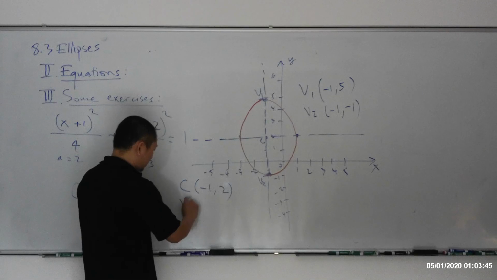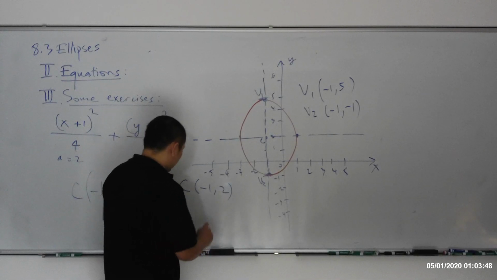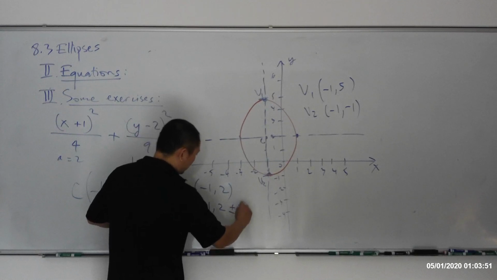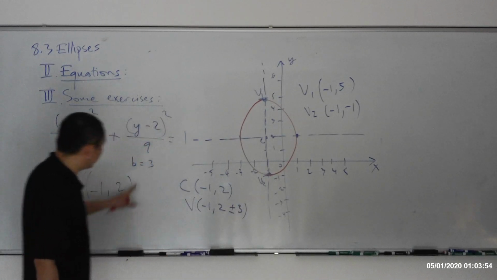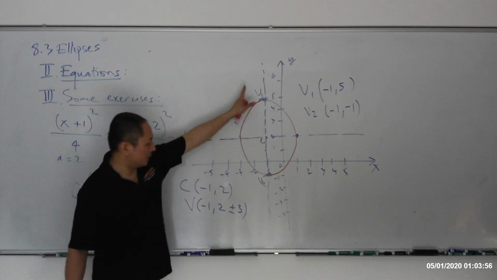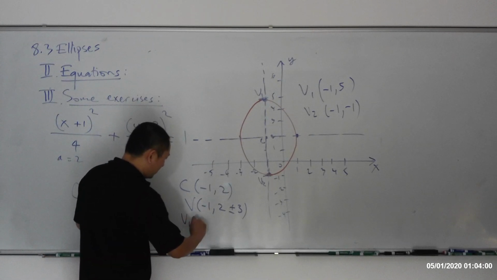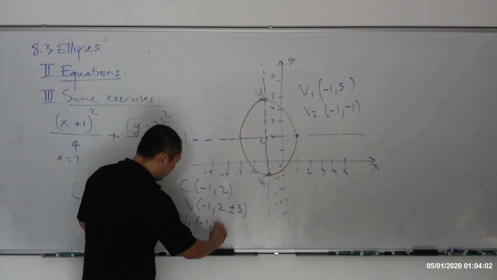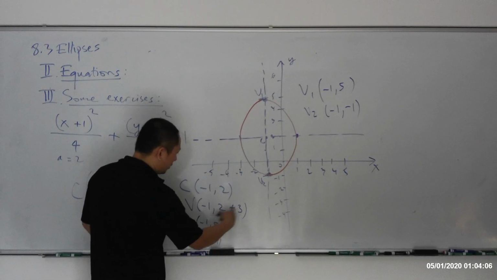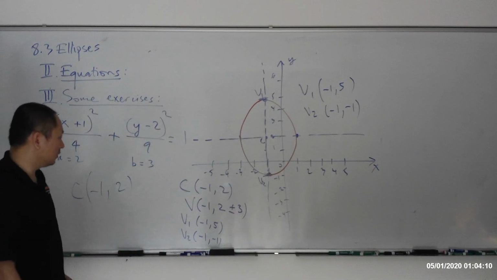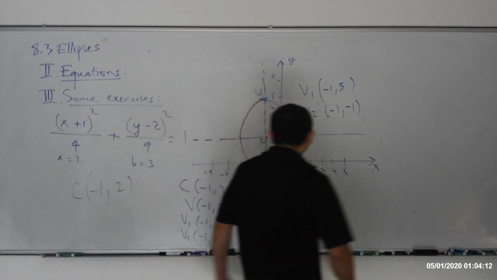So the vertices are going to be -1, 2 plus or minus 3. Where did I get the number 3 from? This is the b value, where I move up and down. So I'm going to have 2 values in here. V1 is at -1, 5, and V2 is at -1, -1. 2 plus 3 is 5. 2 minus 3 is -1. That's why I got the 2 vertices.